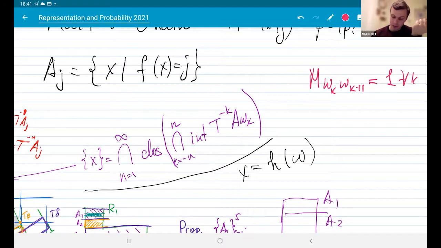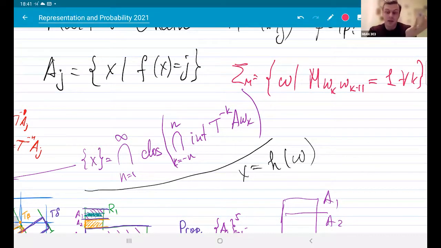The set of all such omegas is just sigma m, the space of our Markov chain. And we see that then these intersections are just smaller and smaller rectangles, in fact. But these intersections are always non-empty.